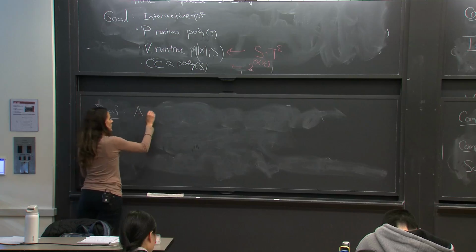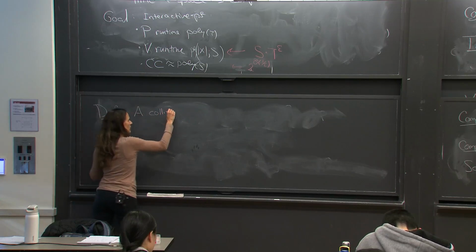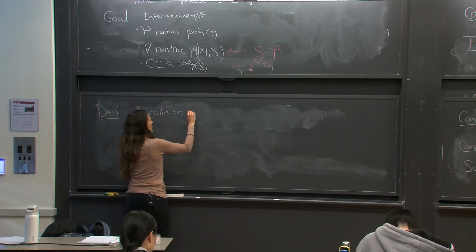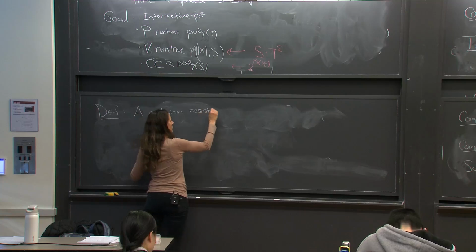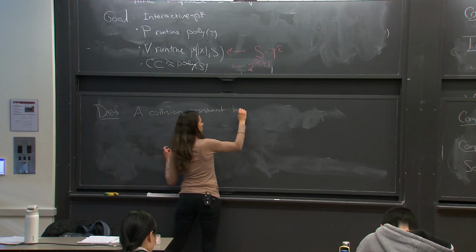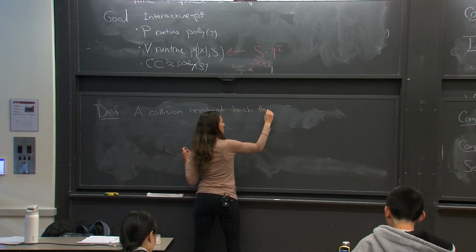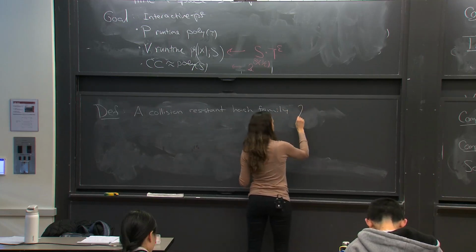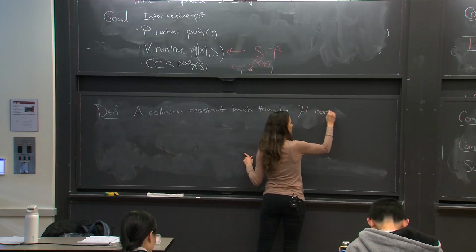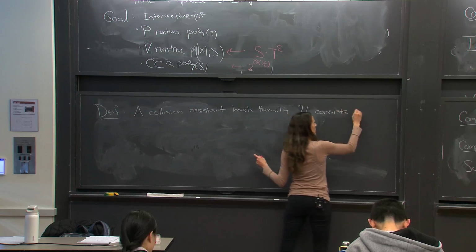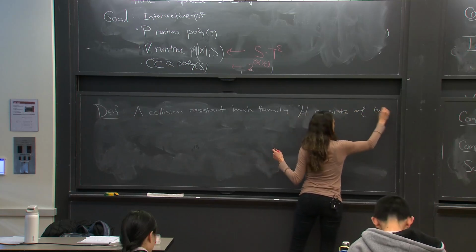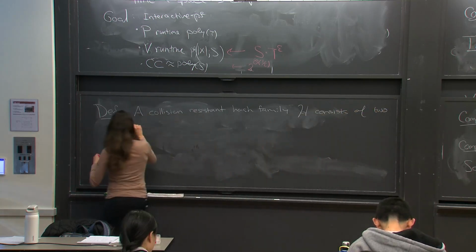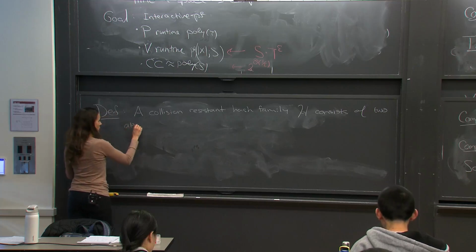A collision-resistant hash family. It's actually a family, it's not a function. H consists of two algorithms.